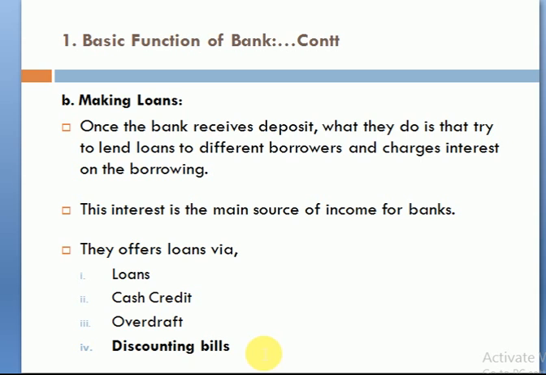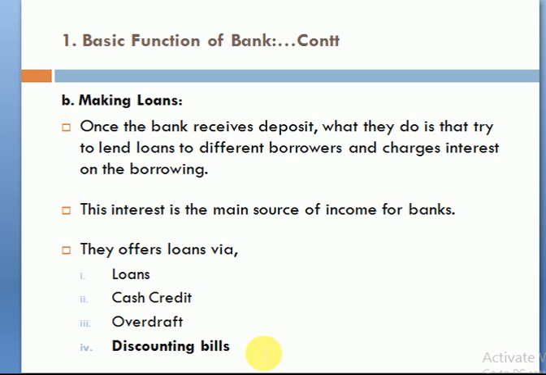After 1 month you need money. What should you do? You go to the bank and present that bill in the bank. Let's suppose the amount of that bill is $1 lakh.